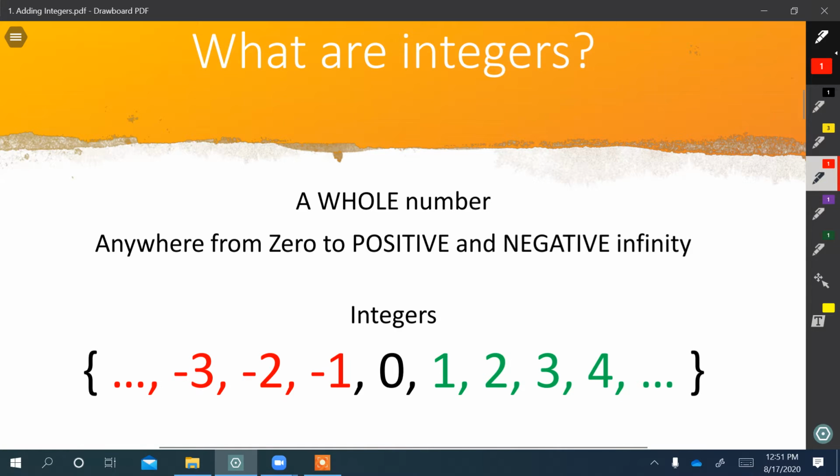We don't actually include the decimals, like 1.3. 1.3 is not a whole number. So an integer is a whole number that could be positive and could be negative. Okay?